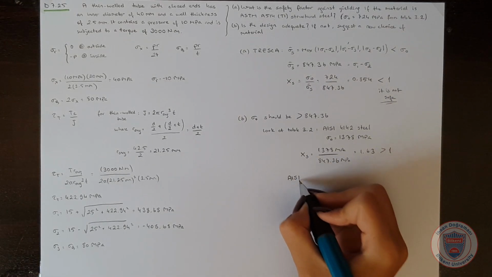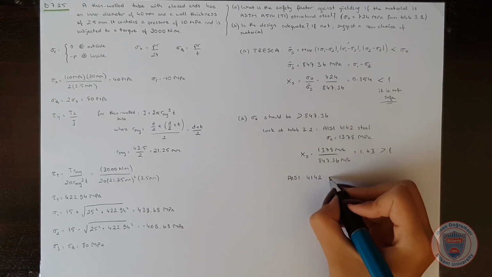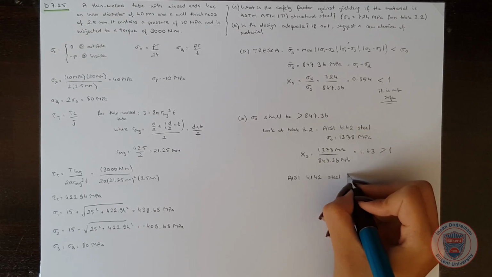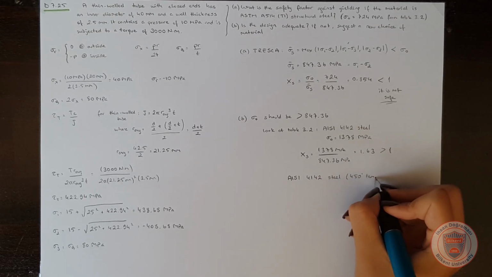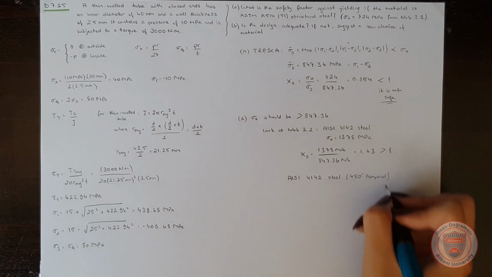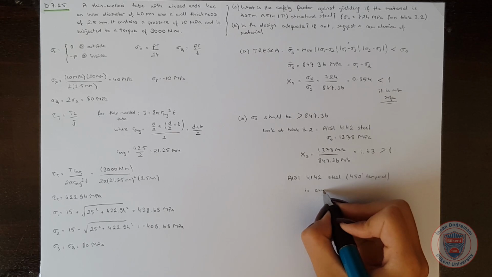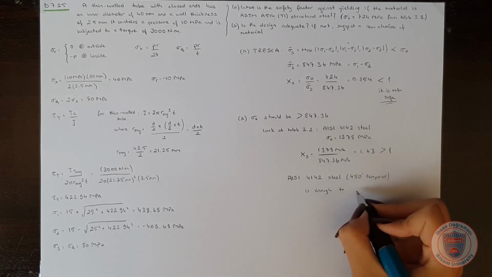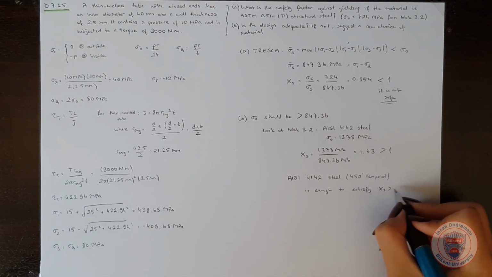So we can say that AISI 4142 steel, 450 degrees tempered, is enough to satisfy safety factor larger than 1.